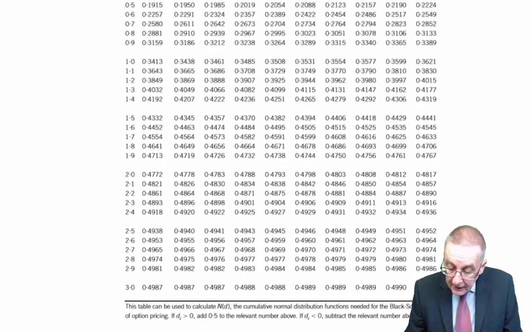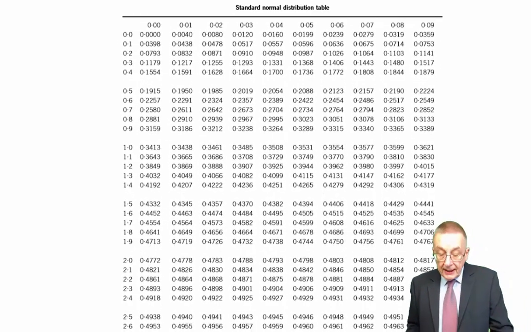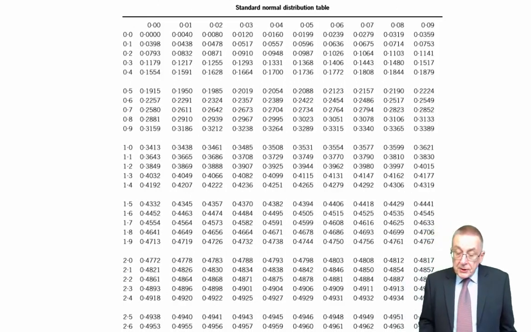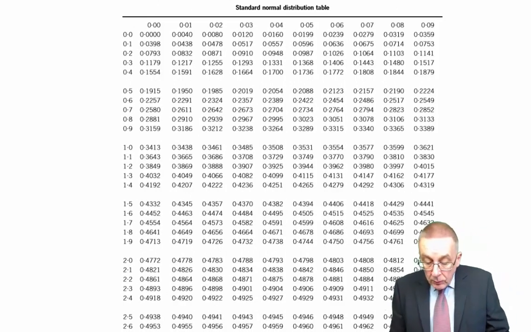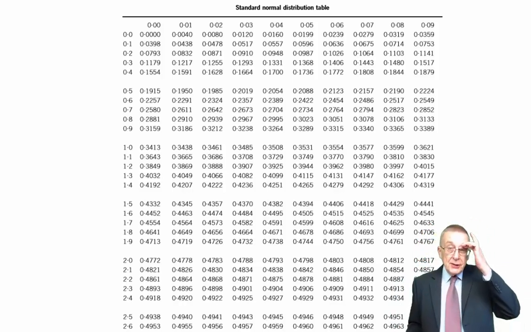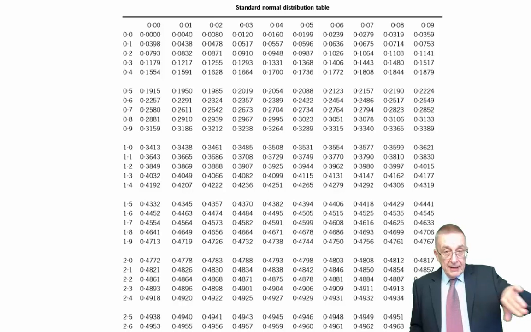Here we are. These are the tables you get given in the exam. You should know how to use them already, but in case not, what we're able to look up is, for any number of standard deviations away from the average, what the probability is.